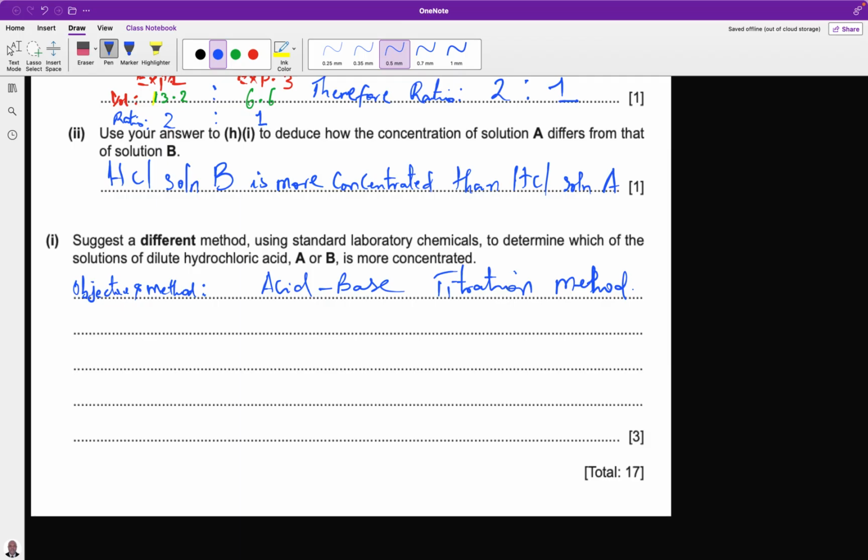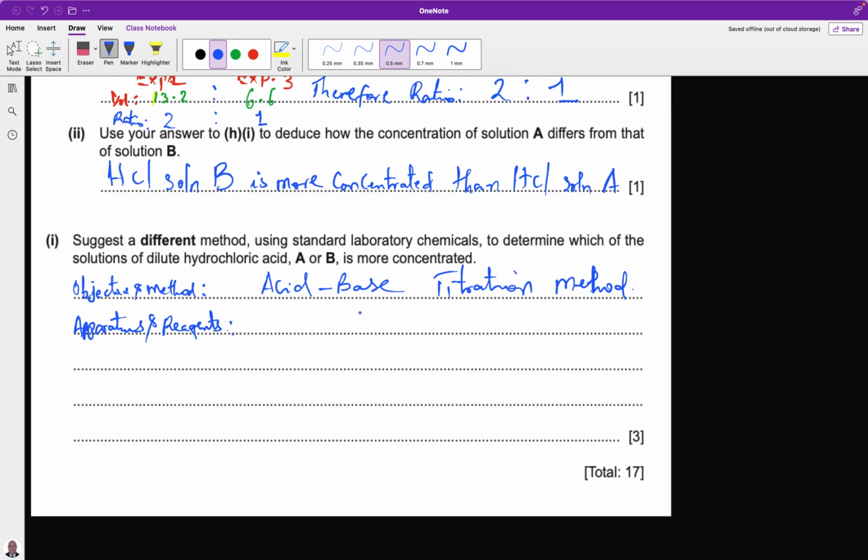That is just that. Then, apparatus and reagent.